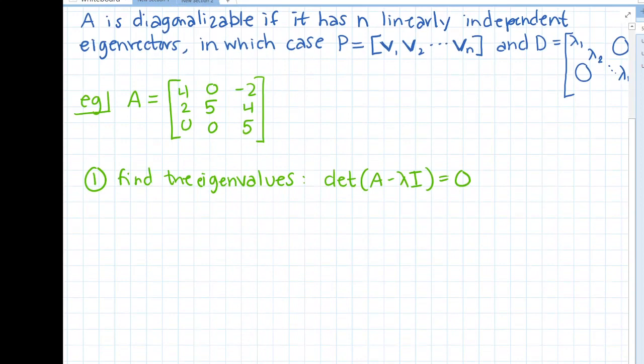If we take our original matrix and subtract lambda from the diagonal entries, we end up with 4 minus lambda, 0, -2; 2, 5 minus lambda, 4; and 0, 0, 5 minus lambda.